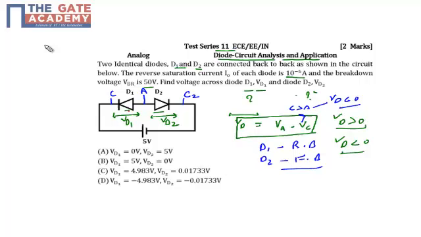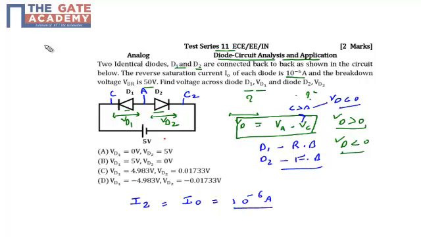Since D1 is reverse biased, only the reverse saturation current flows across D1, which is equal to I0, given as 10 raised to the power minus 6 ampere.